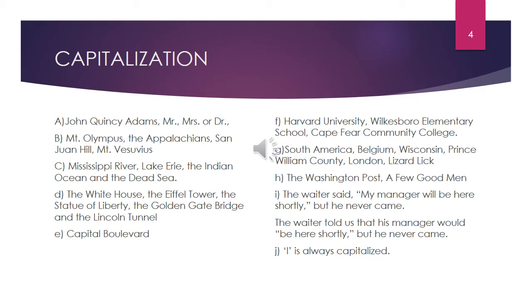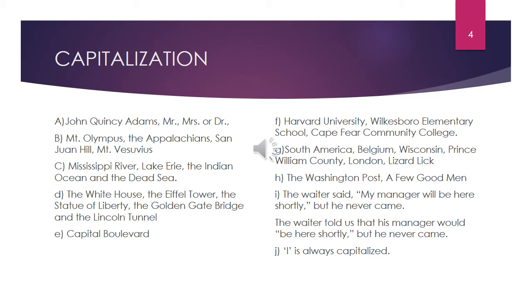Even political divisions, in the next example you can see. Political divisions means names of continents, regions, countries, states, counties, cities and towns. Like we are living in a town, Bhuj. Bhuj is a town, so B is capital.